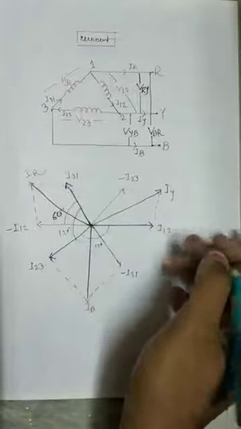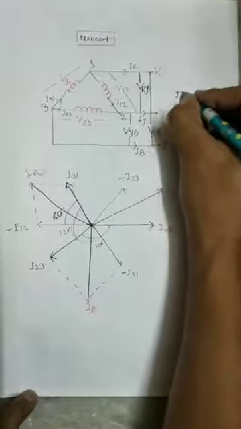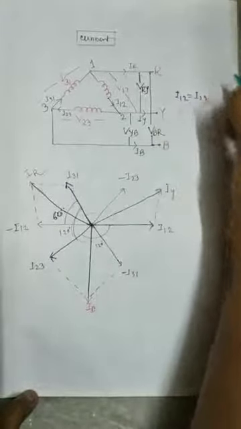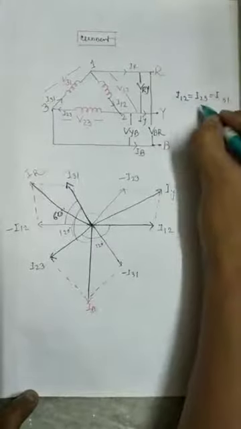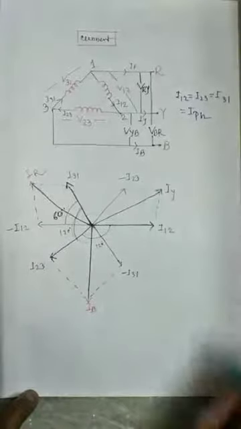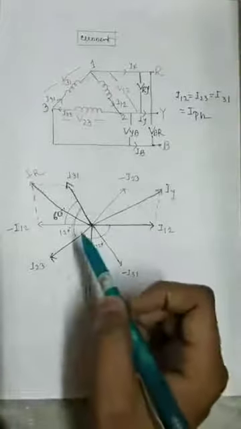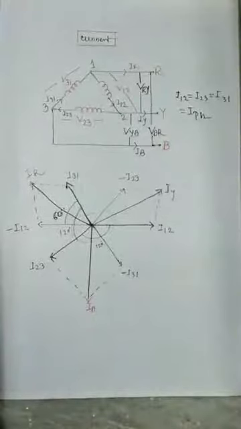Hence I12 equals I23 equals I31 equals I phase. If we look at the figure, it is seen that the current is divided at every junction.